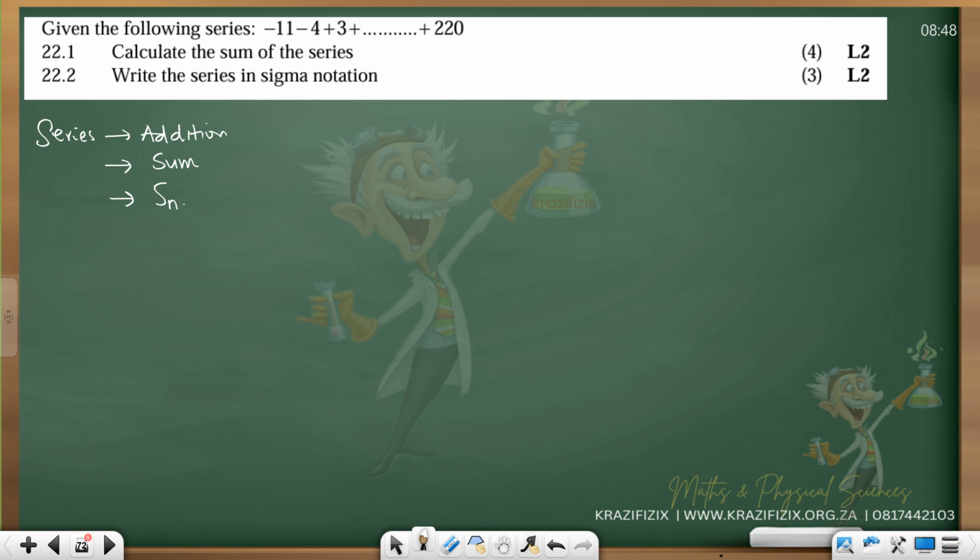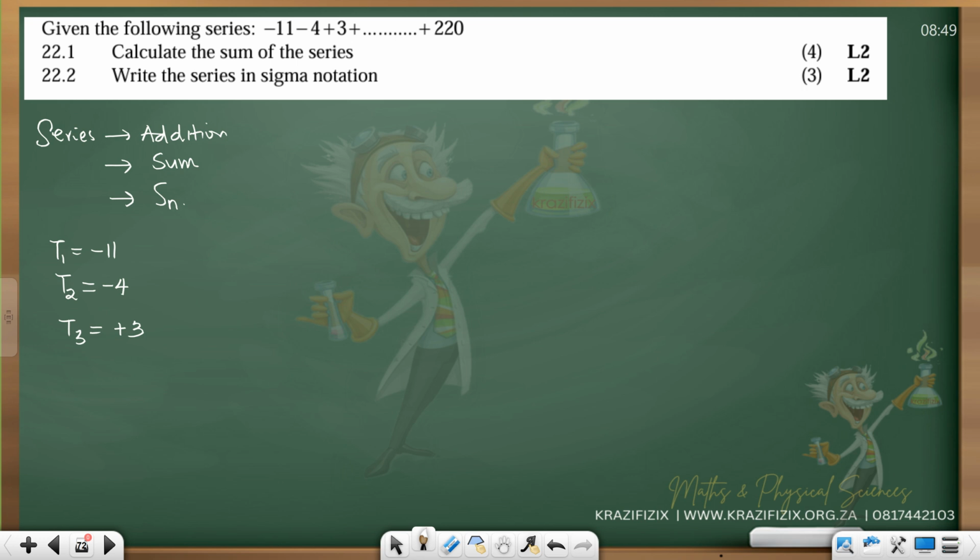Given the following series, we don't know what type of series this may be, but I can see that my T1 is negative 11, my T2 is negative 4, my T3 is positive 3. From here we can check, are we dealing with a difference or a ratio?